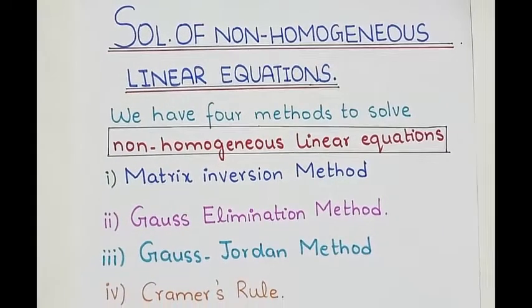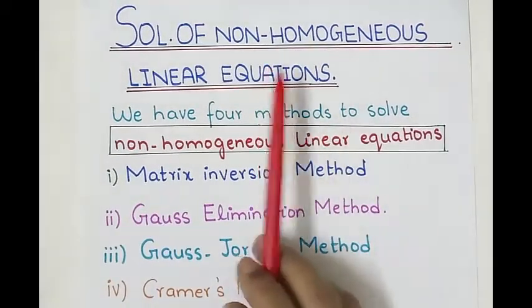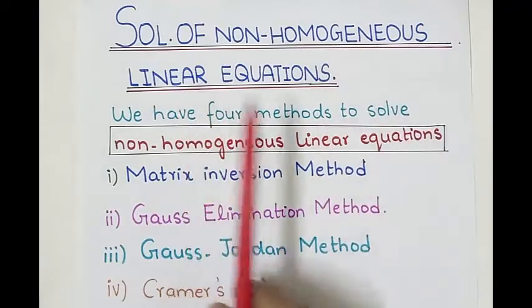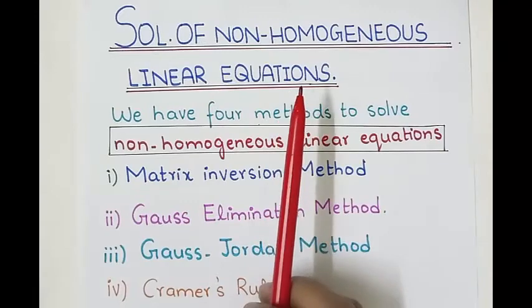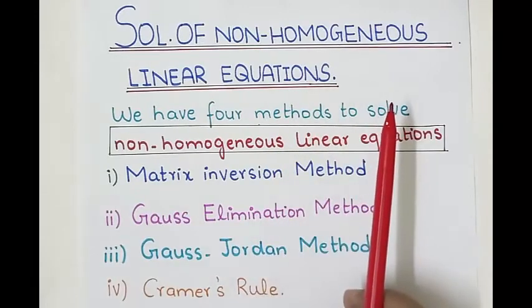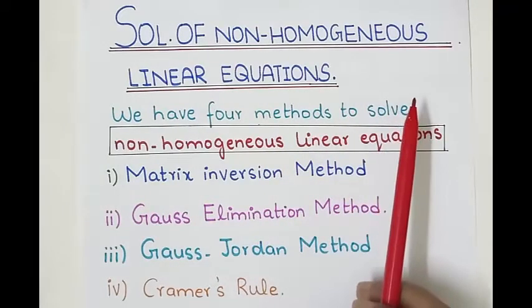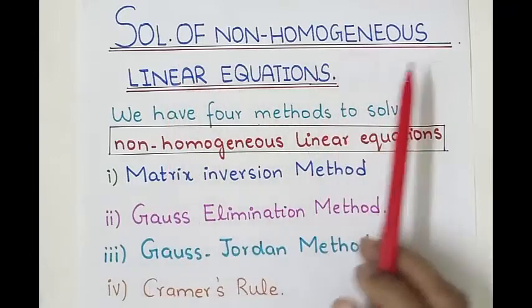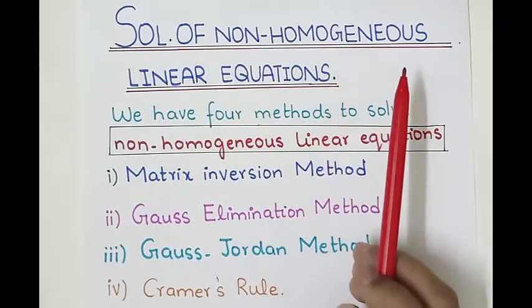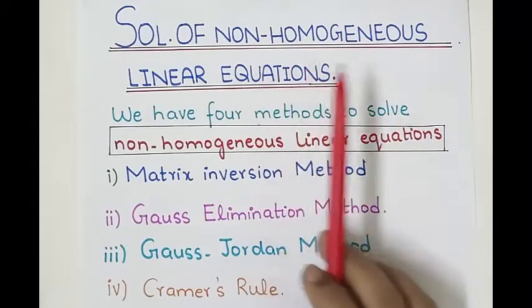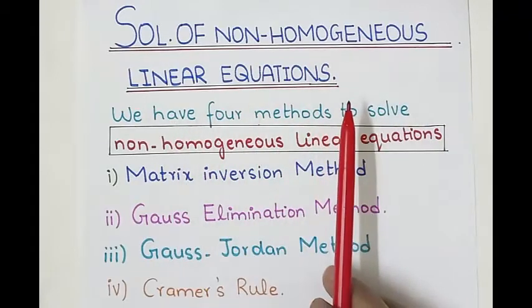Today our topic is solution of non-homogeneous linear equation. In the previous lecture we discussed in detail when we have a linear equation and its constant is not equal to 0, that is non-homogeneous linear equation, and when the value of constant is equal to 0, that is called homogeneous linear equation.